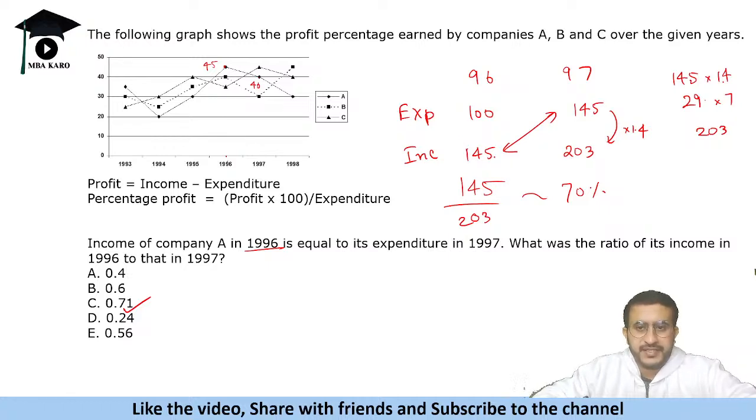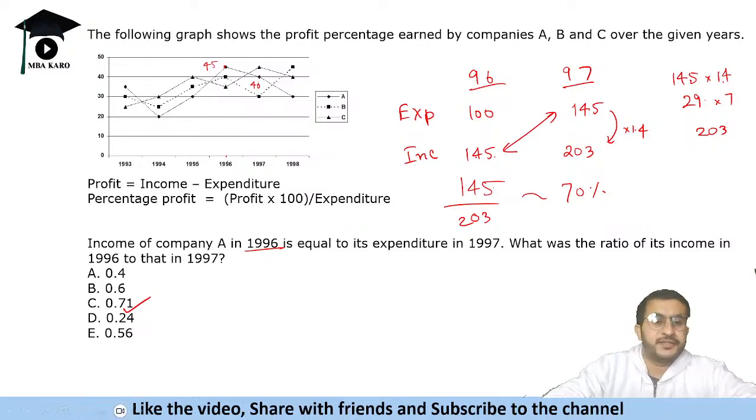Now income in this year is equal to expenditure in 1997. So based on it, we found the income in 1997. Okay, income आ गई. Now we need to find income in 96 upon income in 97. So roughly 70%. 200 का 70 is 140. Okay, so 71 आएगा करीब, like exact if you find 71.